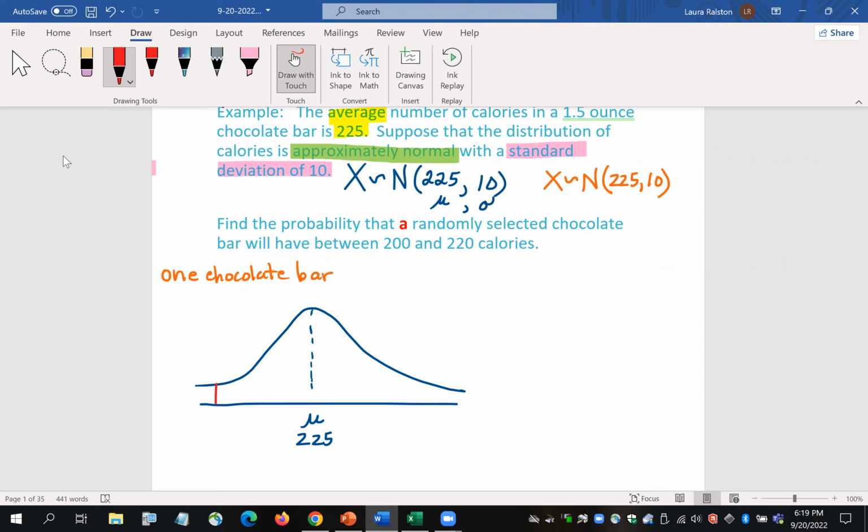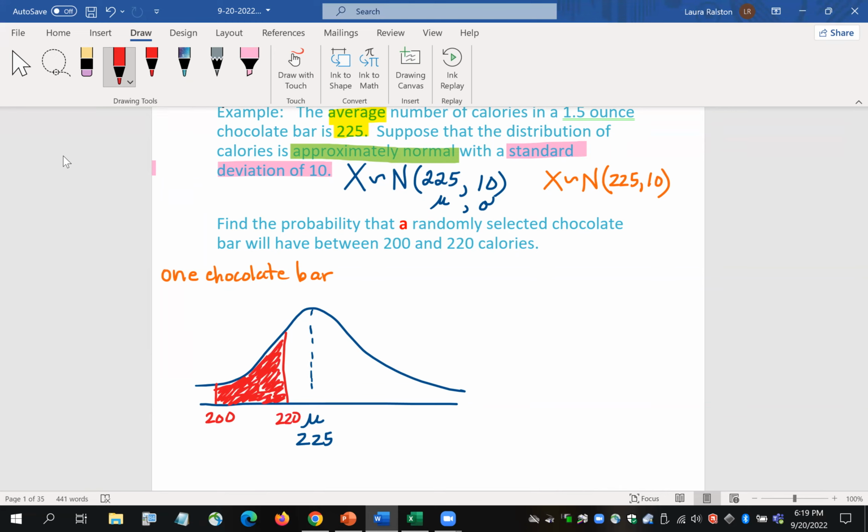So 200 would be over here on the left-hand side because 225 is the mean and is in the middle. So if you look at this as a number line, 200 would be on the left-hand side as well as 220. And I'm looking for the probability that we're between those two numbers. So I'm actually looking for this red shaded region.